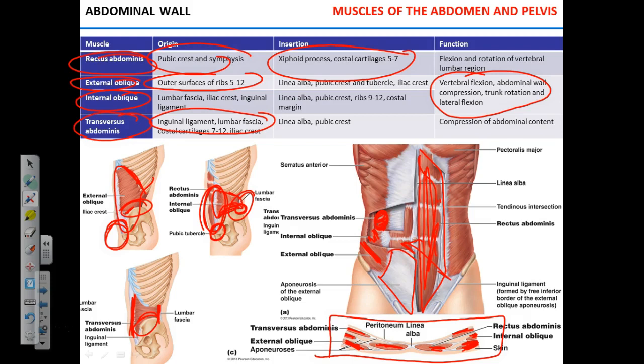That stabilization is achieved in two ways. First, your abdominal muscles contract and increase the pressure in the abdominal cavity. What happens when you increase the pressure in the abdominal cavity? Gas can come out. I hope it doesn't, but it can.